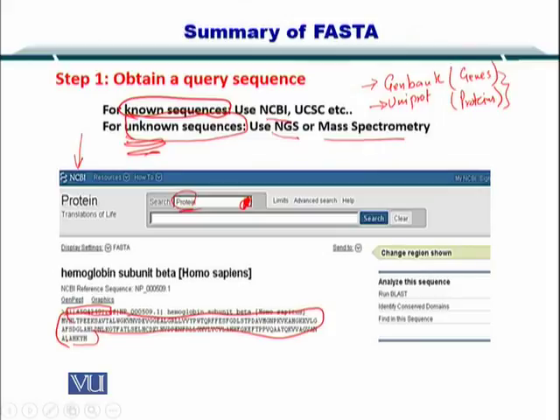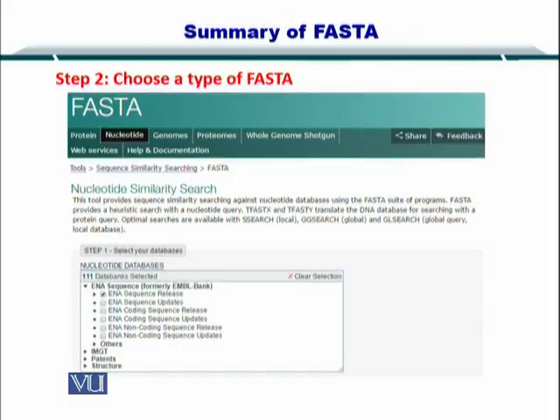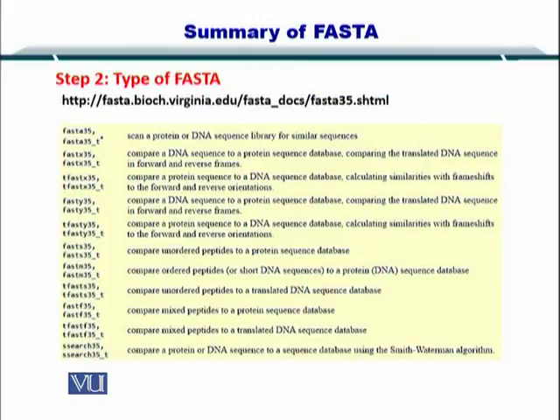For step number 2, you select which type of sequence you have and you input it here below. But first you have to select the database as well. In this case, it's a nucleotide search, so you just select the ENA, the EMBL bank database, and you select which type of FASTA, that is the fast alignment algorithm, that you want to use.